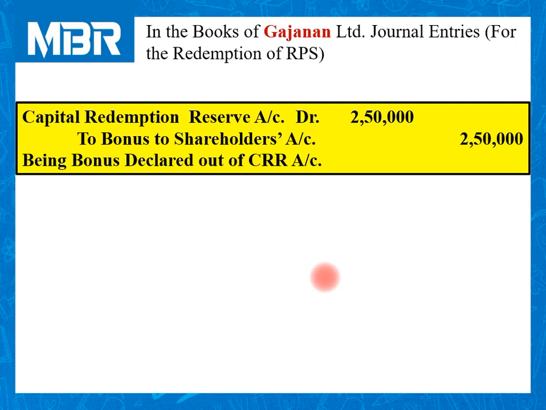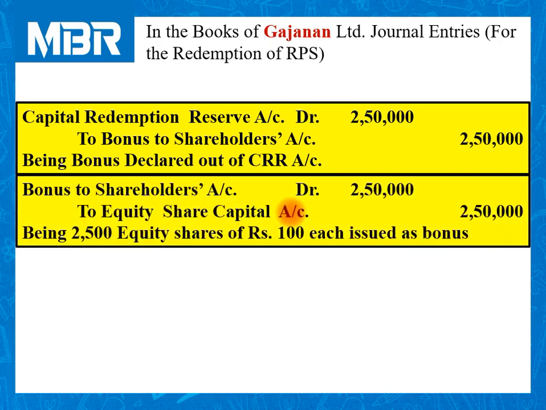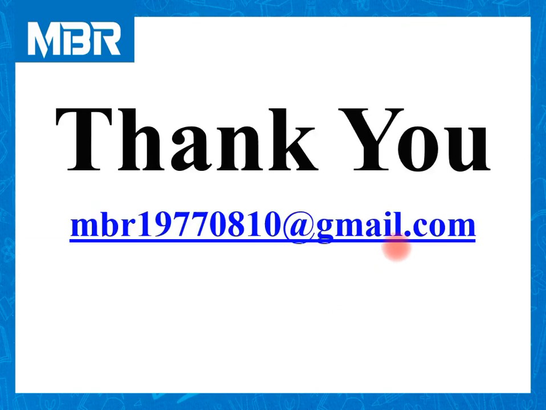Then amount transferred from CRR account to bonus to shareholders for the purpose of issuing fully paid bonus equity shares. And at the end, bonus to shareholders used to issue 2,500 equity shares of ₹100 each as bonus. With this, all important calculation and journal entries come to an end.